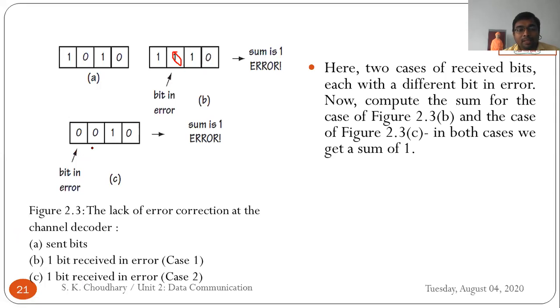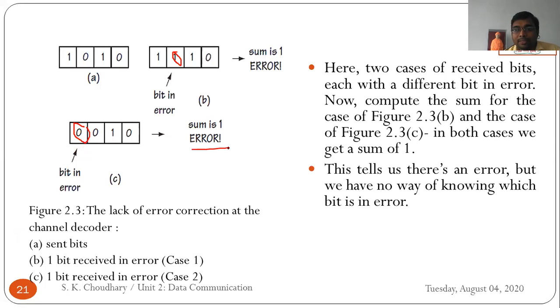But if you see the third diagram, there is a difference in 2 bits, and again the 1 bit difference is there, and the summation is 1. So in both the cases the sum is 1. So we would say that there is a 1 bit error.